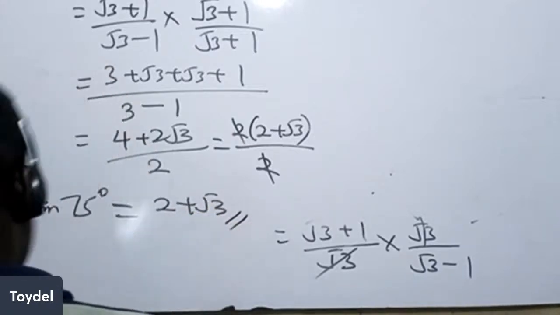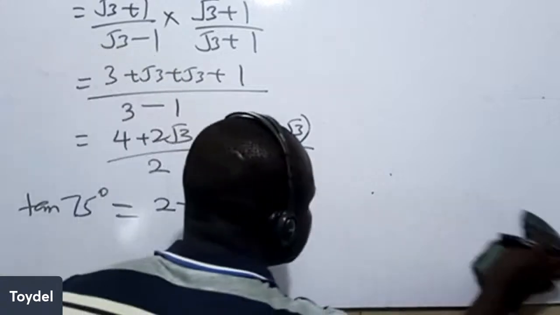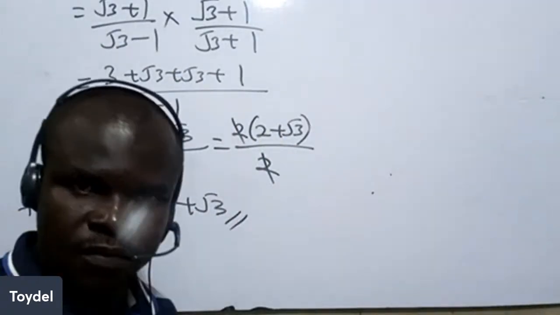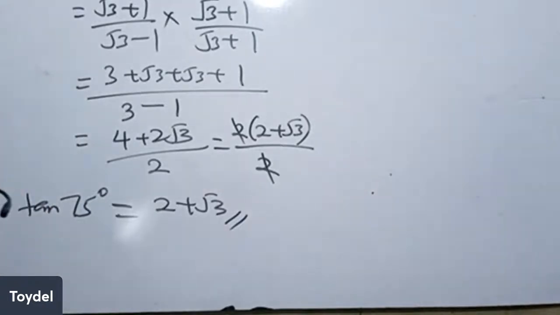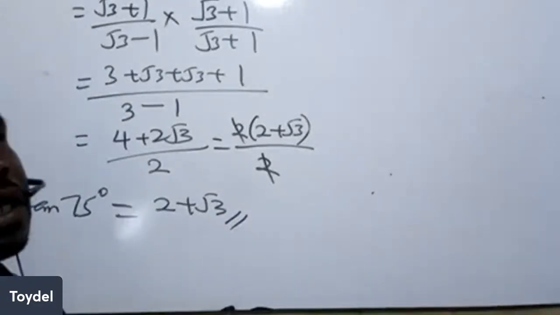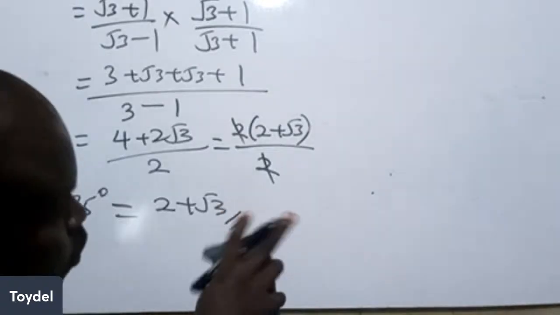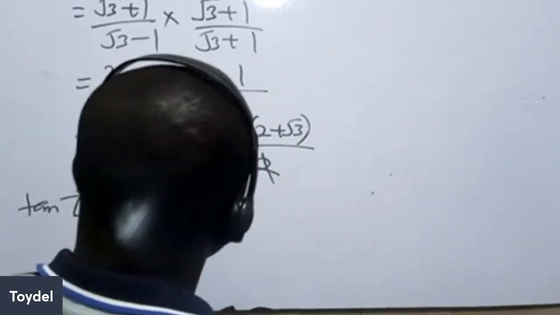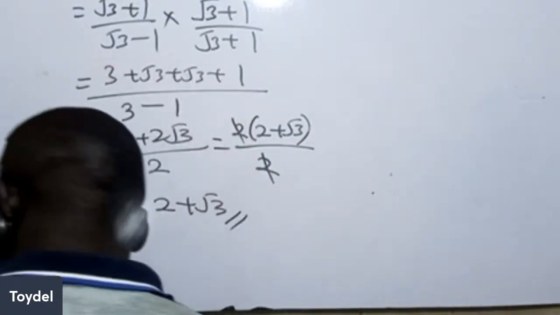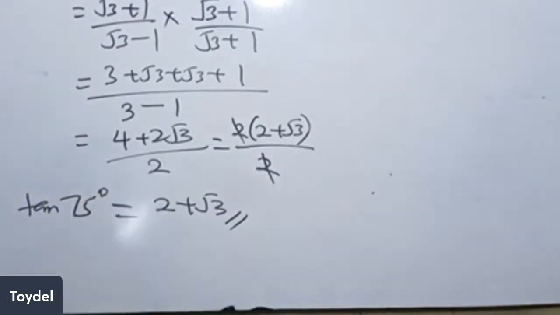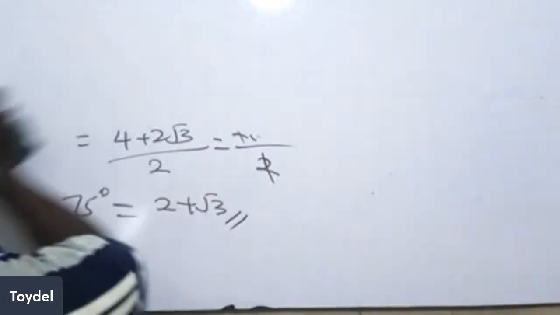That will be the final answer. So you realize that when you are given any angle that is not a special angle, we look for a way to rewrite the angle as a combination of special angles. Then we use the addition formula to express the answer.